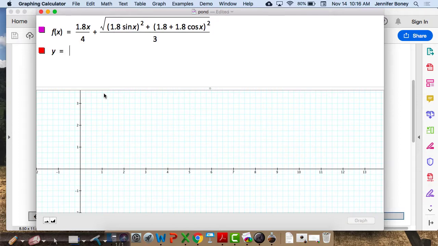So I want to graph my time and find its minimum. I want to graph y equals f of x from 0 to pi. And I didn't put the or equal to's in there, but it will look the same. That's just extra button pushing that I didn't want to spend time on.